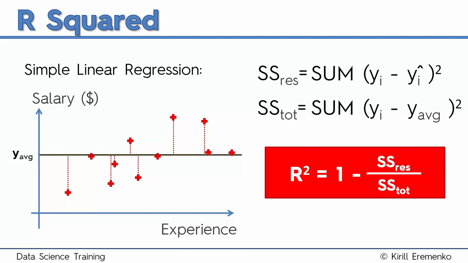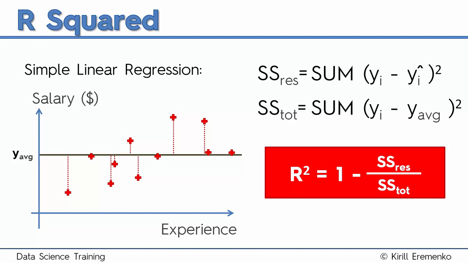So ideally, if your SS residual is 0, so basically your trend line that you're modeling goes through all your records, then in that case, R squared is equal to 1. And that's the ideal scenario. But that normally never happens. So the closer R squared is to 1, the better. The further away it is from 1, so the lower it is, the worse.